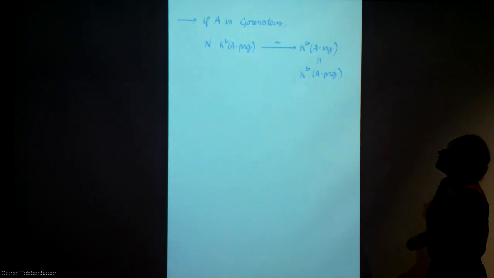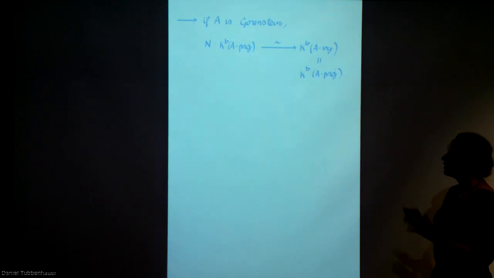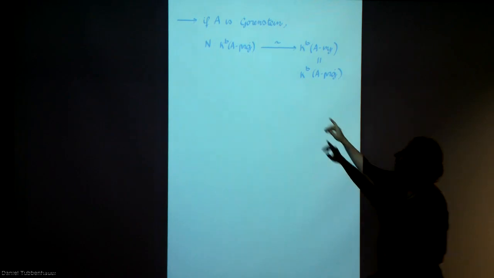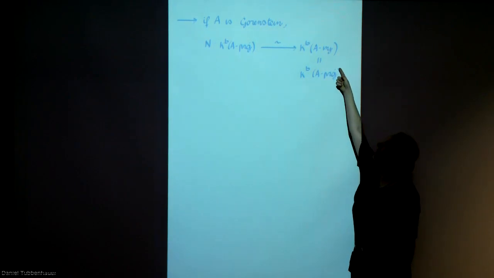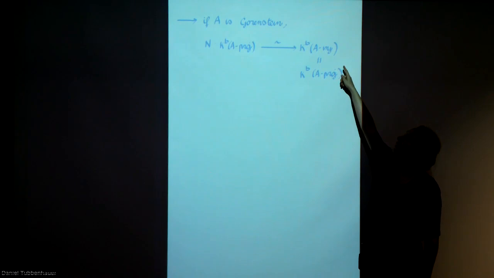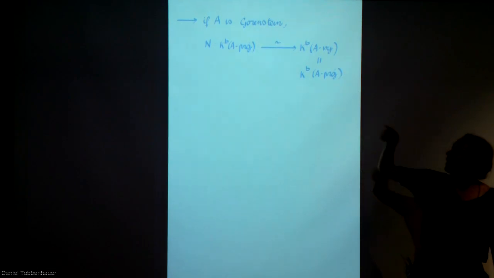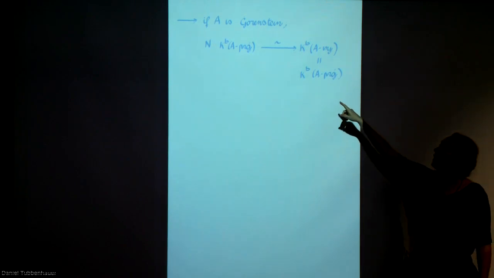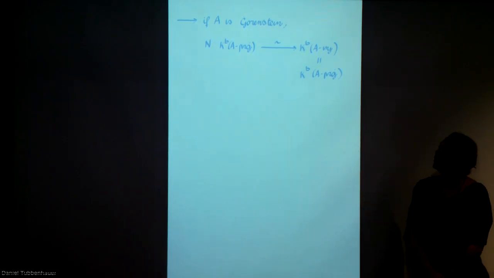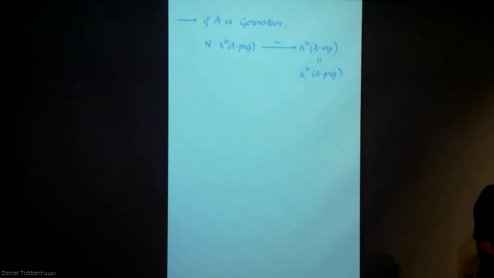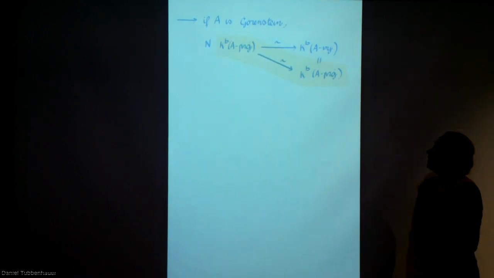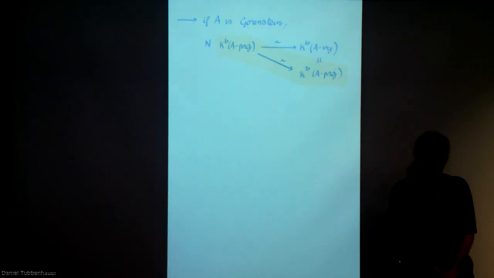If A is a Gorenstein algebra, so still finite dimensional, then actually the bounded homotopy category of injectives is equivalent to the bounded homotopy category of projectives. And so we actually get an autoequivalence of the bounded homotopy category of projectives. And this autoequivalence will satisfy that formula.